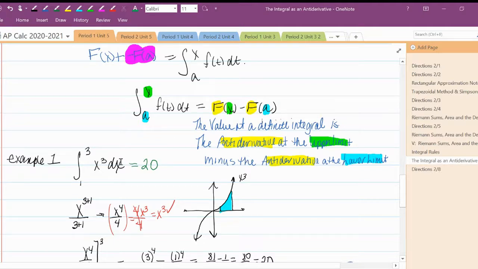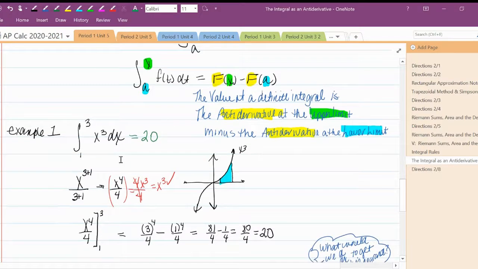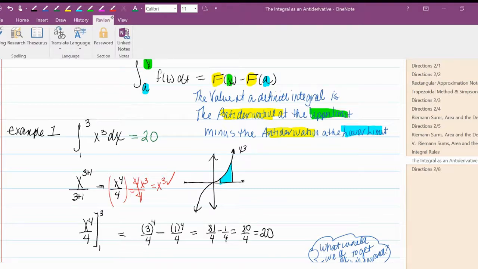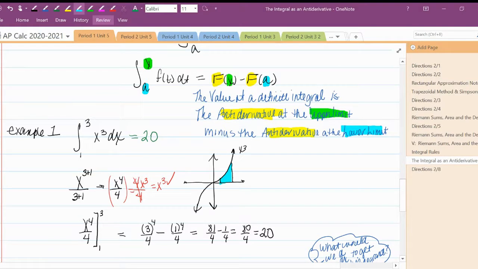So I need to find the antiderivative of my integrand, and I'm going to reverse the power rule to do that, and then I'm going to check by taking the derivative of what I believe to be my antiderivative just to check that I get back to my integrand, and I am correct.